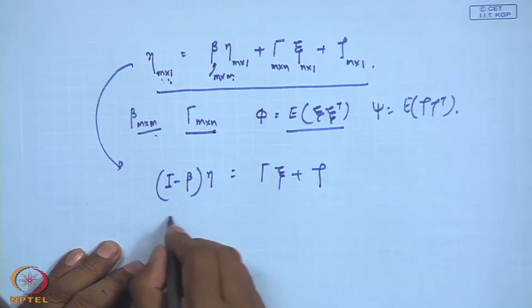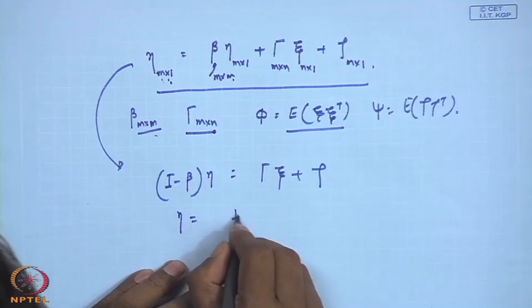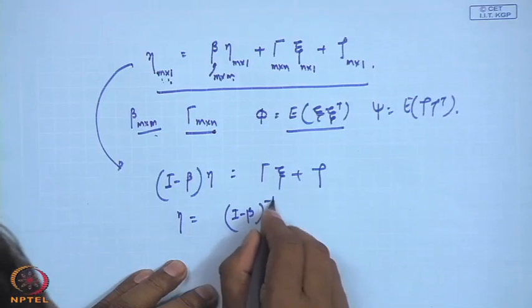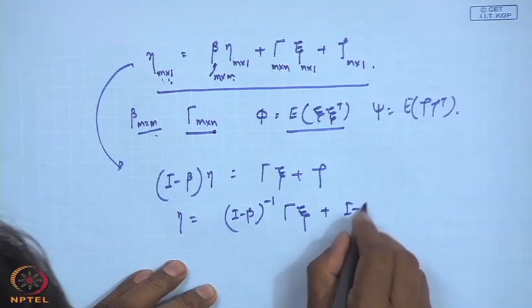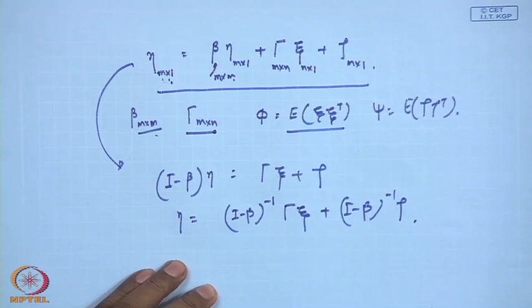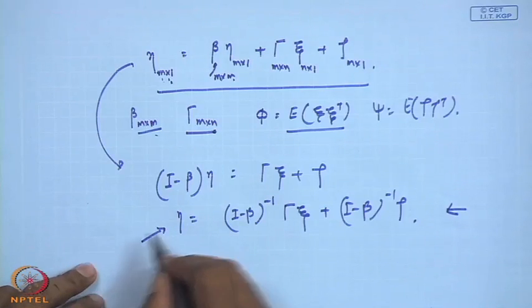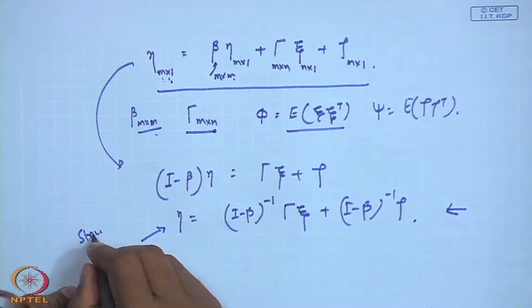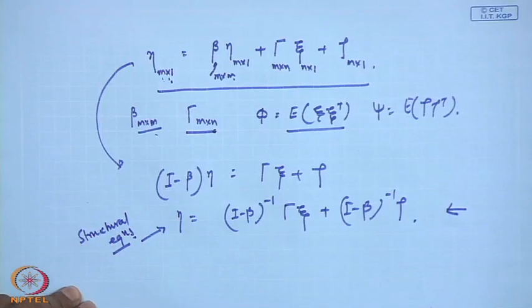If you multiply both sides by (I minus beta) inverse, then it will be (I minus beta) inverse gamma xi plus (I minus beta) inverse zeta. Okay. That is our structural equation. This is what we are saying, the structural equations. We can also call this path equations.